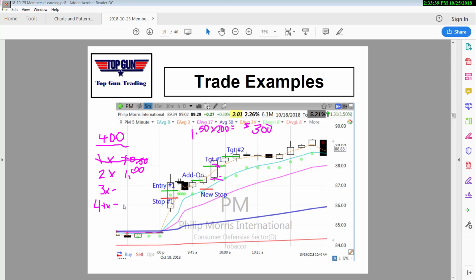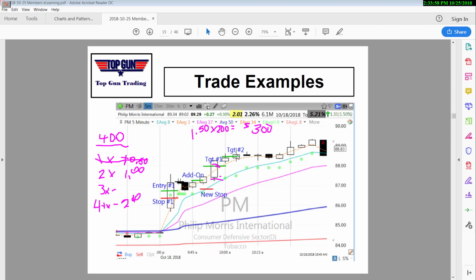Now we're starting to get into the numbers where it's really hard to get much above 4 times your risk. When I hit 4 times, and in this case, 4 times 50 is $2, when I get a $2 winner, I'm trying to take at least 3/4, if not 100% of it off. If I see weakness, boom, I'm out.